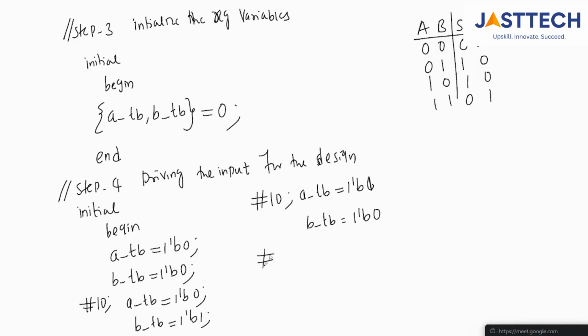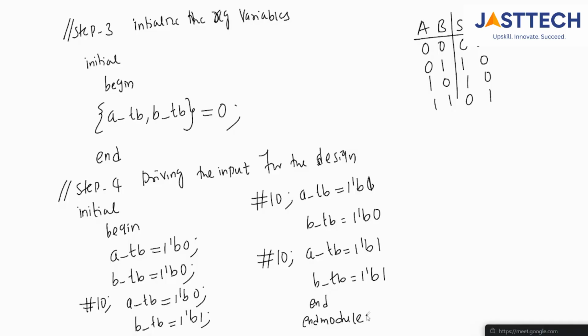After that, after another 10, a underscore tb equal to 1'b1 and b underscore tb equal to 1'b1, and end module. Did you understand the test bench? Is it fine?